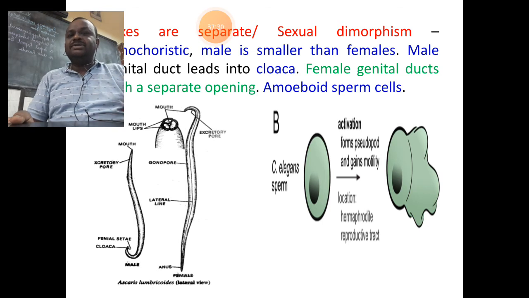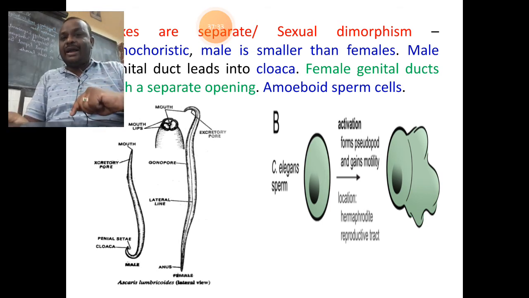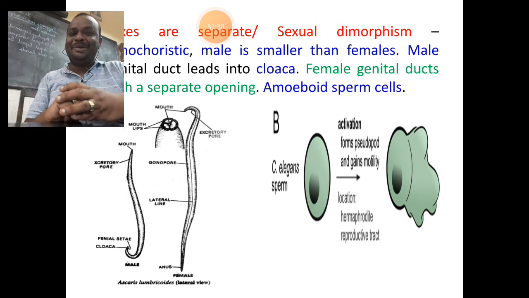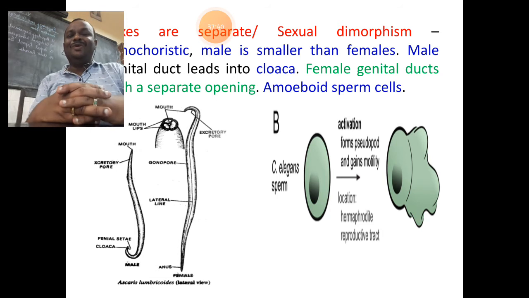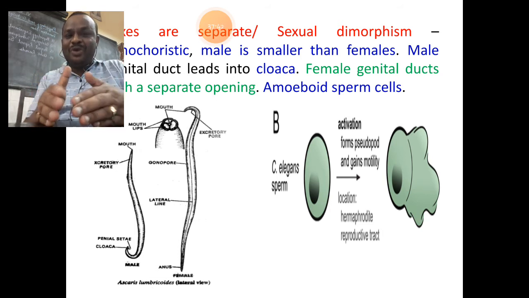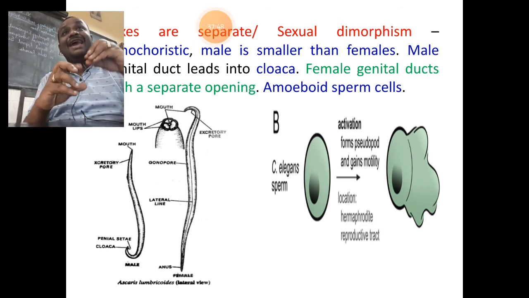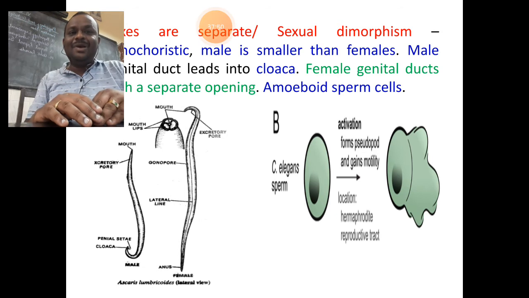Males show a special structure at the posterior end called the cloaca. A new term again that we need to understand here. Cloaca refers to the common opening through which the organism will throw the undigested waste, that is, the anus will open there.